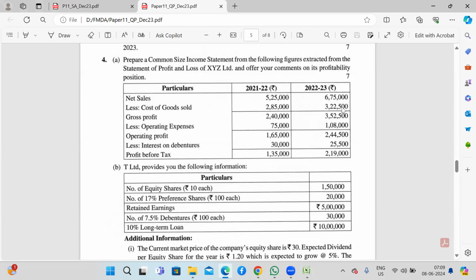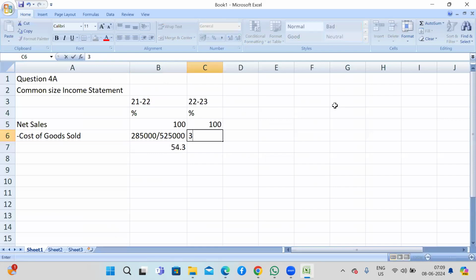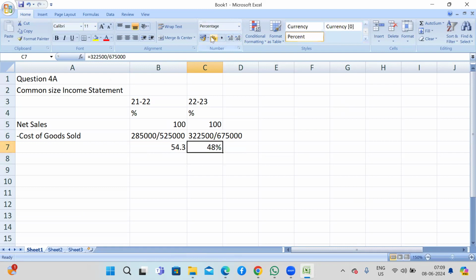Same way for 22-23, 3,22,500 cost of goods sold divided by 6,75,000. So this is 47.8%.